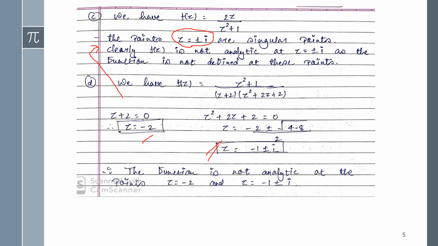So see guys, if it is hard to find the first derivative of the denominator, then directly you can apply the denominator equals to 0 and find its solution. The solution is actually known as your singular points or else analytic points.